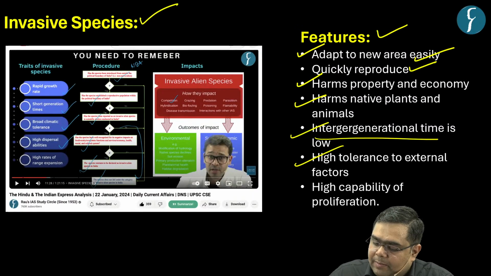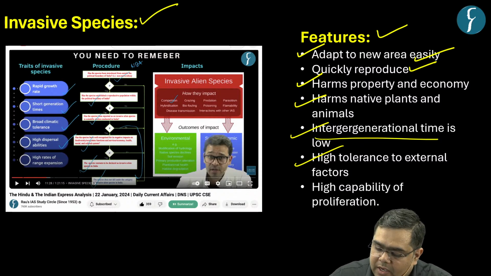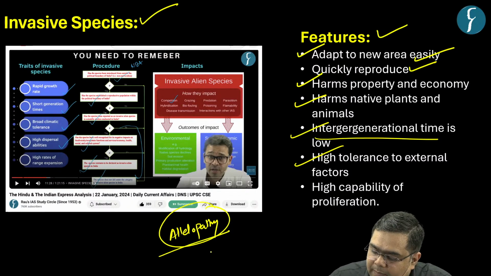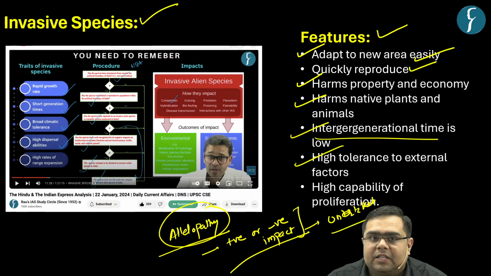Another similar concept related to this, which has already been asked in your mains examination, is allelopathy. So what is allelopathy? Allelopathy is the positive or negative impact undertaken by one species when it comes into contact with other species in terms of their chemical exchange.